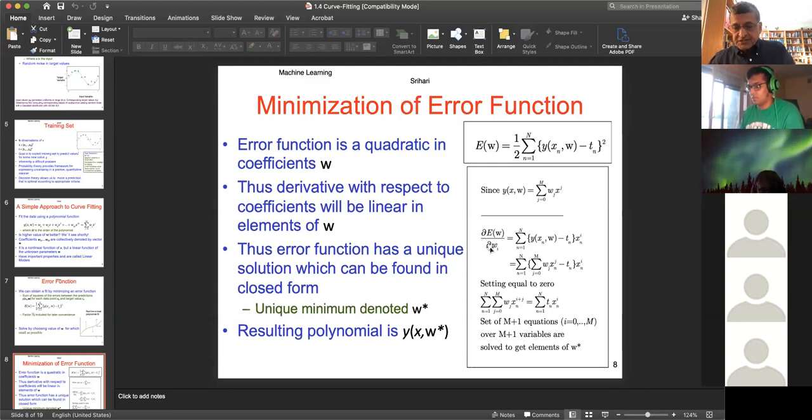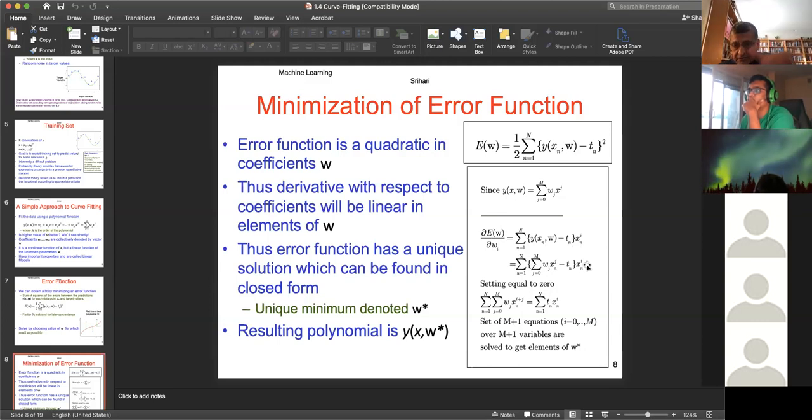This is a partial derivative, this kind of curved delta. Partial derivative of E(w) with respect to w_i, one of the weights. The derivative of this quantity can be written as that same quantity, and we are now writing it by expanding it out, and then there is this quantity here, and that is the nature of the derivative of this.